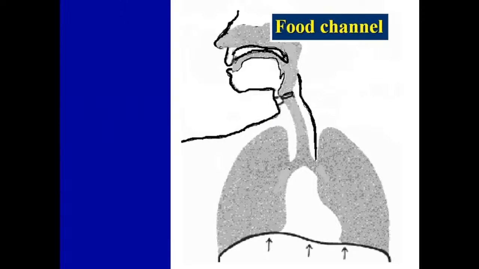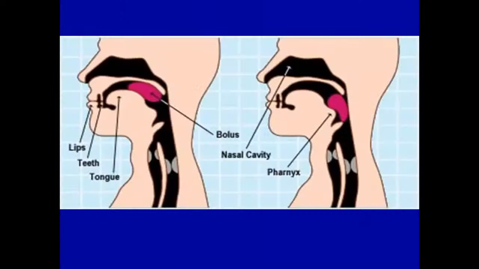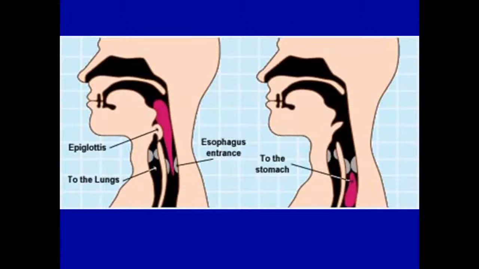And of course, we have the food channel. This is the food channel. Now, this is another figure showing two different passages, the passage for food and the passage for air. And what blocks the food from entering the passage for air is the epiglottis. You have everything there. Okay.